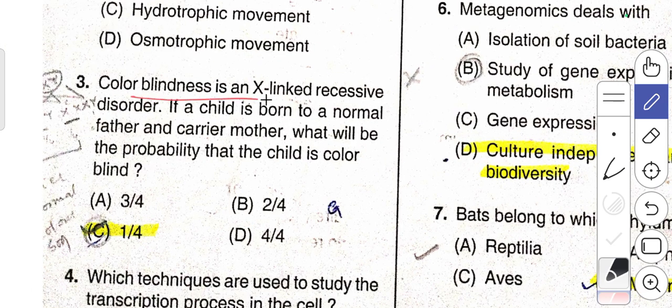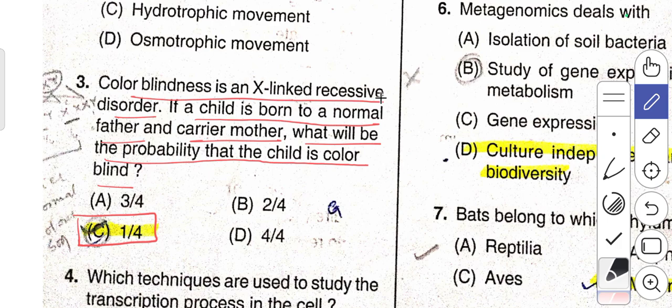Color blindness is an X-linked recessive disorder. If a child is born to a normal father and carrier mother, what will be the probability that the child is color blind? That is 1/4.